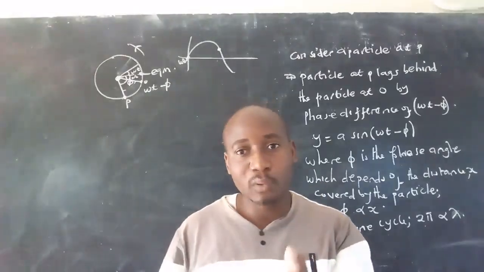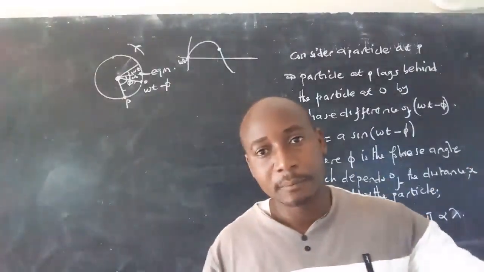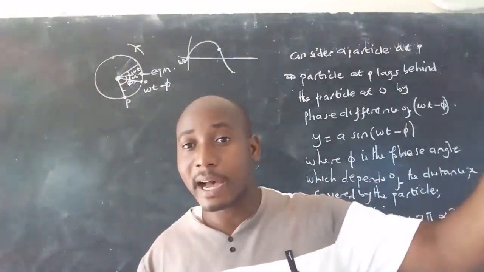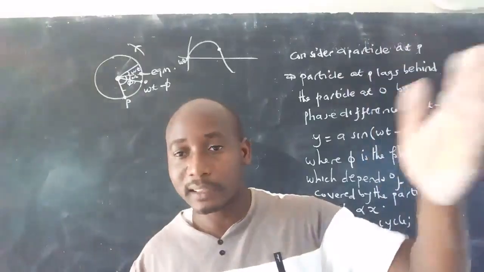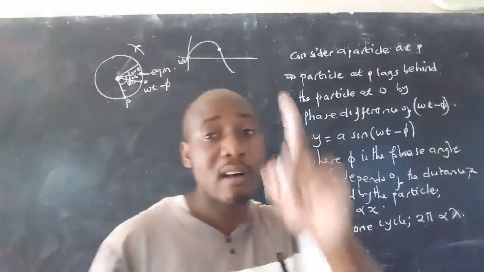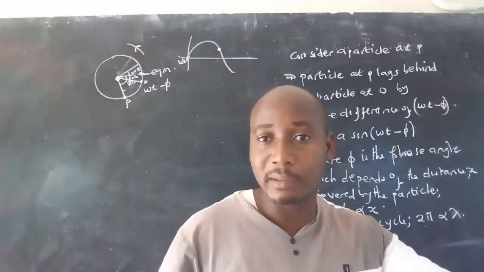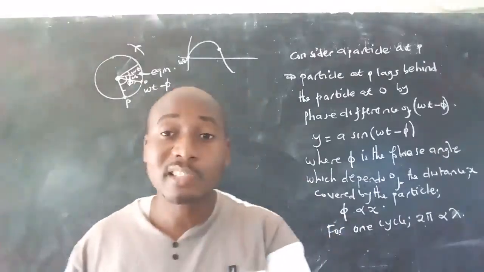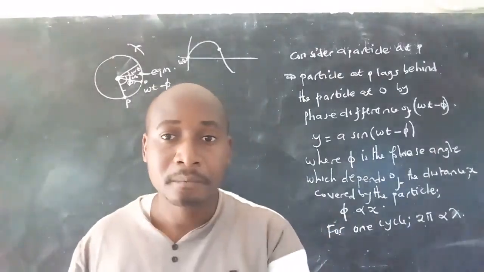When you consider a particle which has moved from left to right, that particle lags behind. Since the lag is behind, there is a change in phase angle, and the change in phase angle will be omega t minus phi, the other angle which the particle has made. But that phi depends on the distance, the position of the particle.